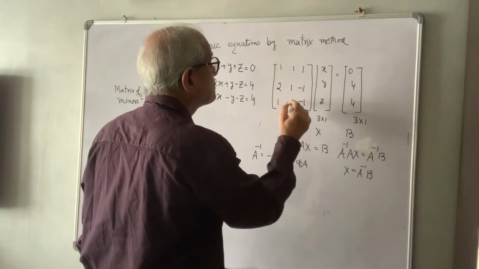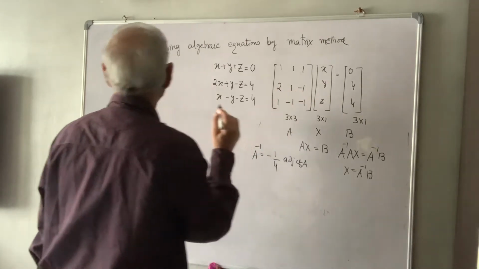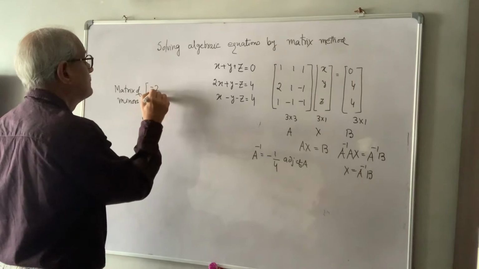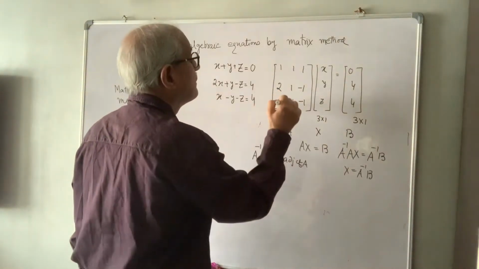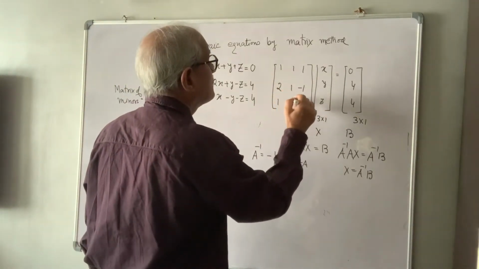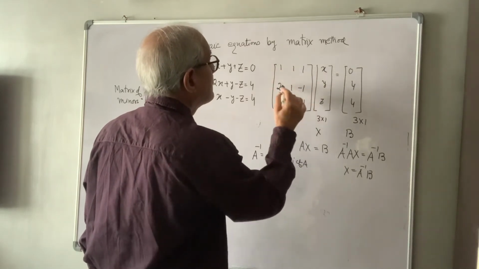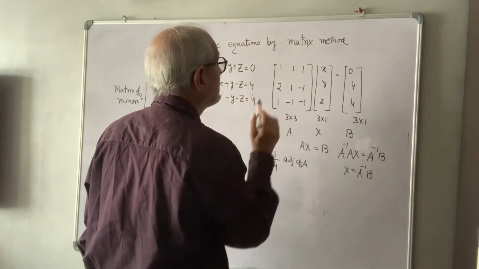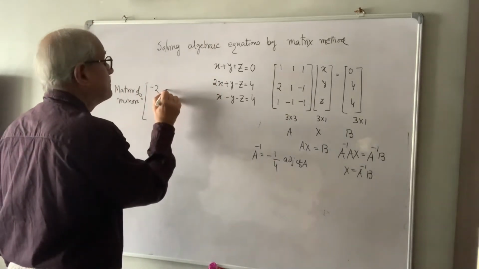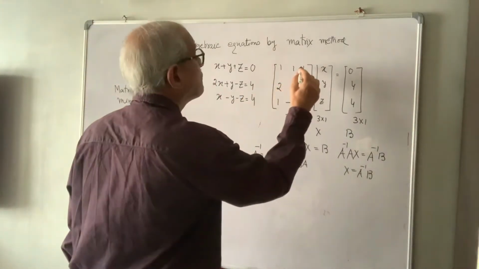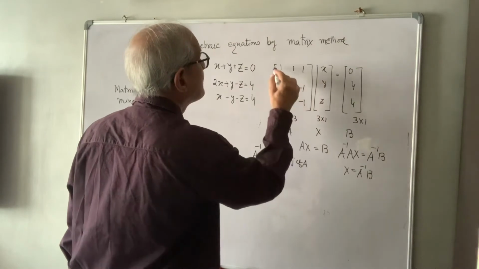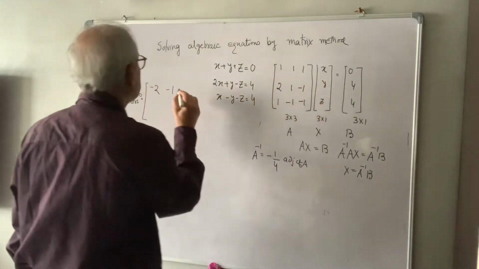Then this is -1 and -1, that is -2. -1, -2. Then for this element, this is -2 plus 1, that is -1. And for this element, -2 -1, that is -3.